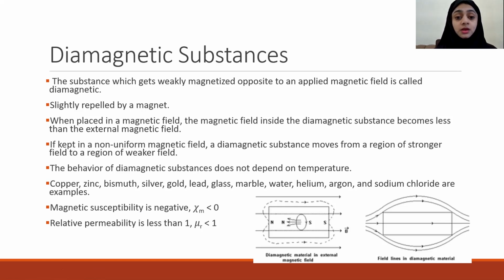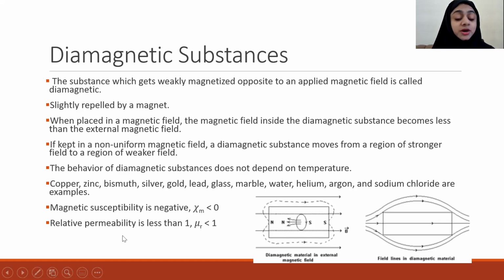So, we know that the magnetization produced inside a diamagnet is opposite or negative to the magnetic intensity applied. So the susceptibility will be negative because I, the magnetization produced inside the diamagnet, will be negative or opposite to the direction of the applied magnetic field.